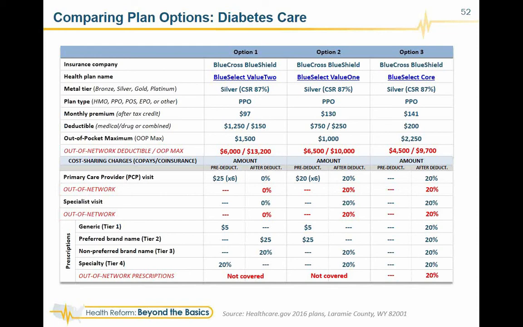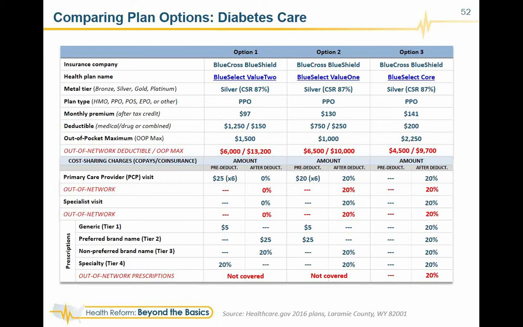So out-of-network costs would be the same for a low-income person as they would be for a person not getting cost-sharing reductions. Also, people should know that for out-of-network services, you may be charged an additional amount for services. That's called balance billing, which Sarah talked about. So that's something that's really important to keep in mind when you're looking at these out-of-network costs.